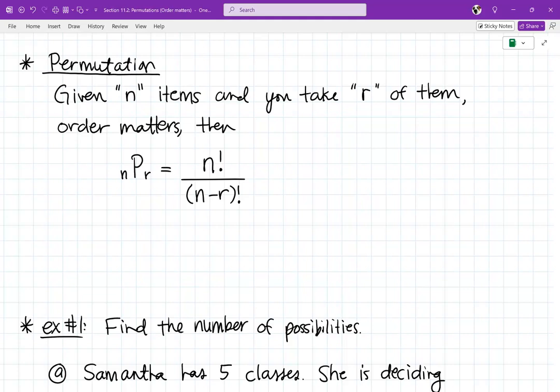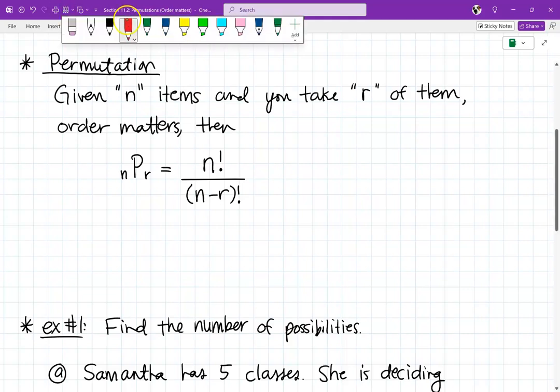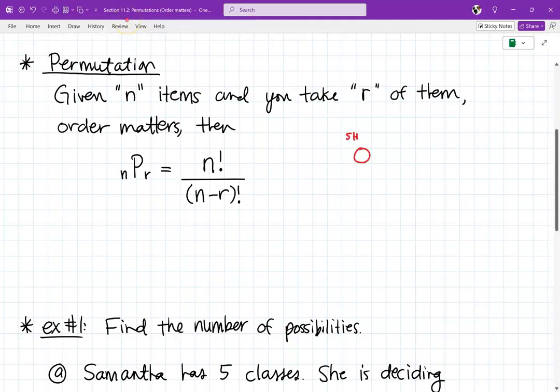So on your calculator, you're going to press shift and then the times button, and you'll see an nPr. The way you use it is you put a number, then hit shift times, and then put another number. It might say like 5P3, so 5 permute 3, or 2 permute 1, or 4 permute 4. So you've got to put numbers on the left and right side of that command.